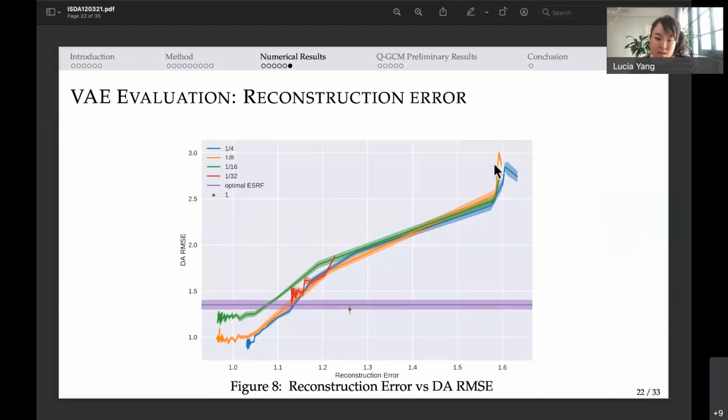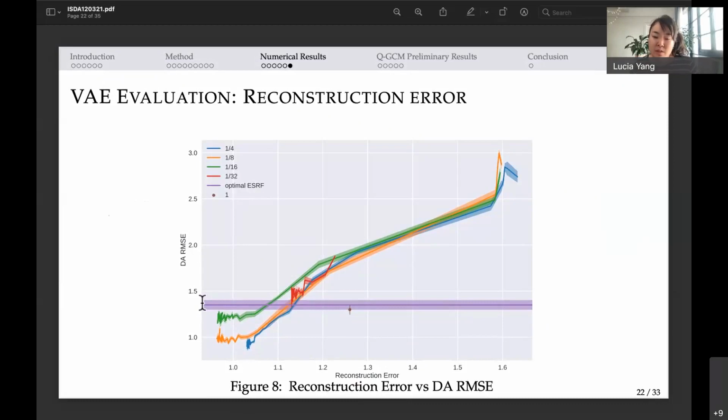So we see this nice trend: when we have a smaller reconstruction error, our data assimilation root mean squared error is also small. The red line shows that because the 1/32nd patch VAE isn't able to get a good reconstruction error, it doesn't improve after this point. It also doesn't improve the data assimilation results.